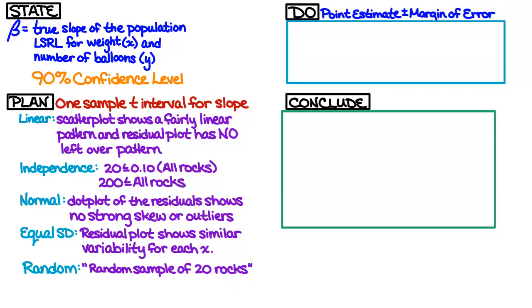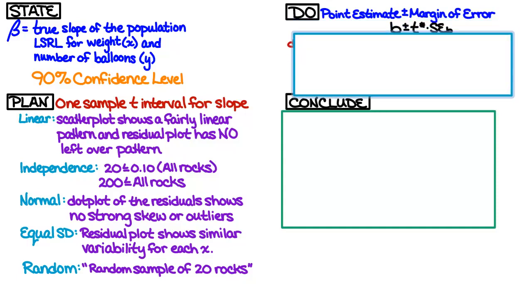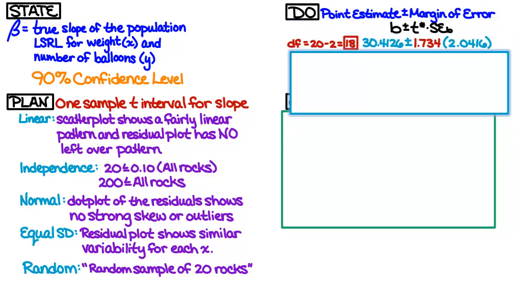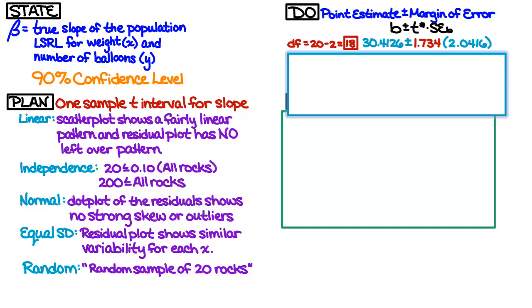And I know some people are still working. For my do step, point estimate plus or minus margin of error. What is the point estimate? 30.4126. T star, because we have 18 degrees of freedom, should be 1.734.